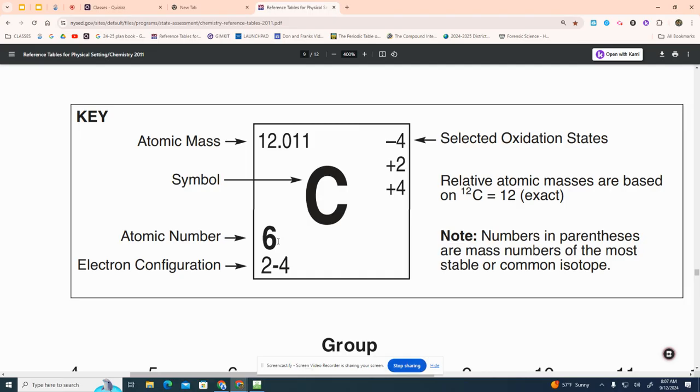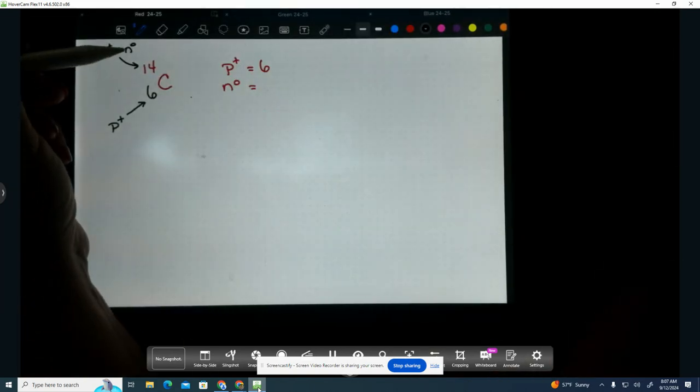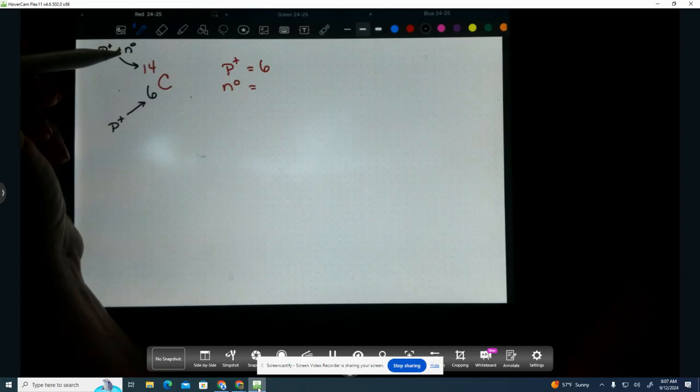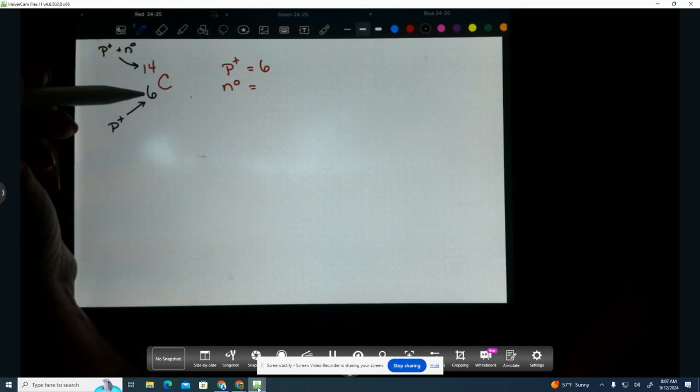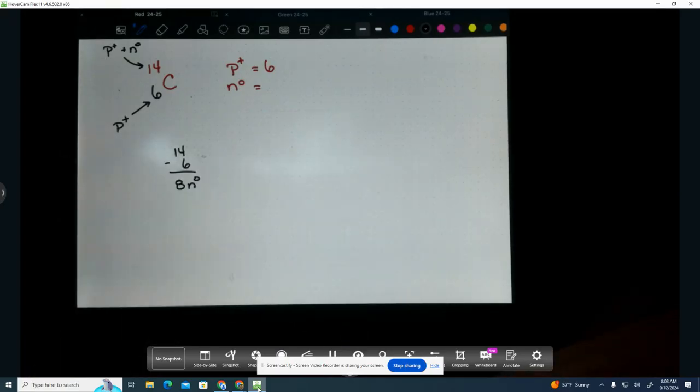Protons and neutrons is the top number, and protons only is the bottom number. How do I find neutrons? You're going to subtract them. So we're going to do 14 minus 6, and we get 8 neutrons.